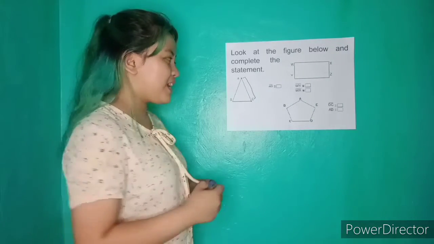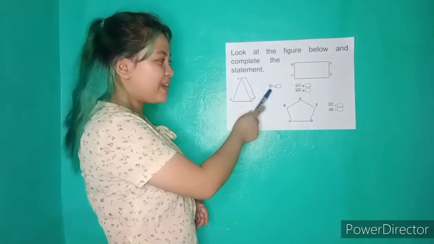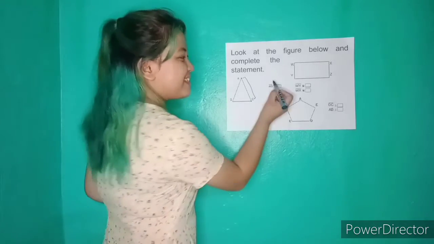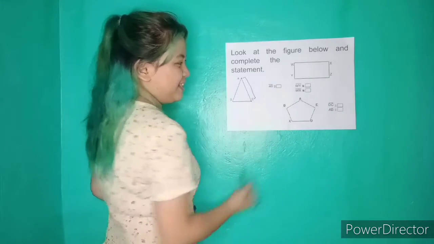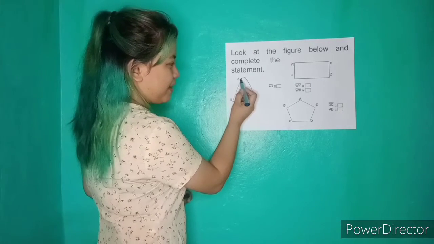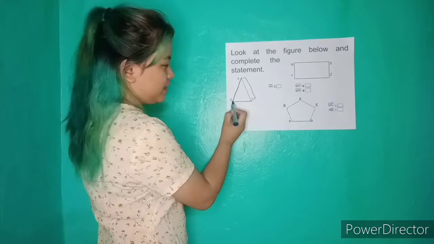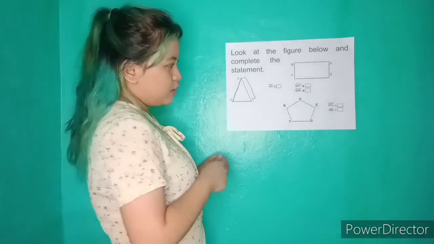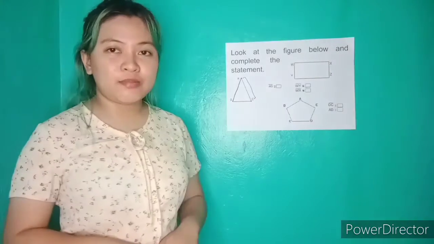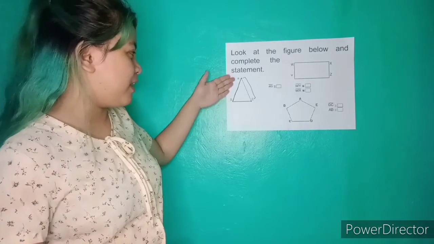So we have here, what do you call this? This is line segment AB. There's a dash over there. So this is the line segment AB. So what is the line segment that is the same with line segment AB?